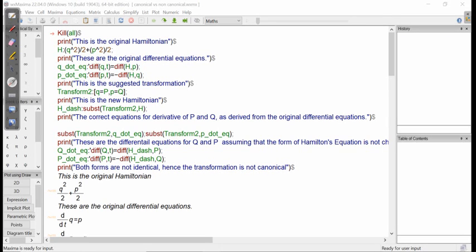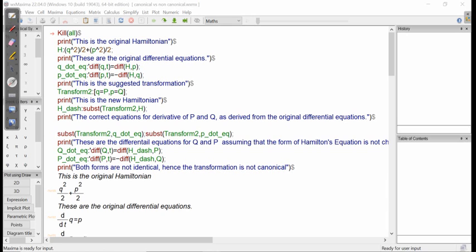Our suggested transformation is that we remove q small and substitute it by p capital, and remove p small and substitute it by q capital. The new Hamiltonian is obtained by substituting this transformation into the old Hamiltonian.